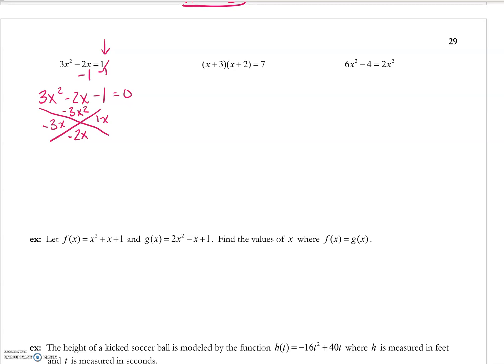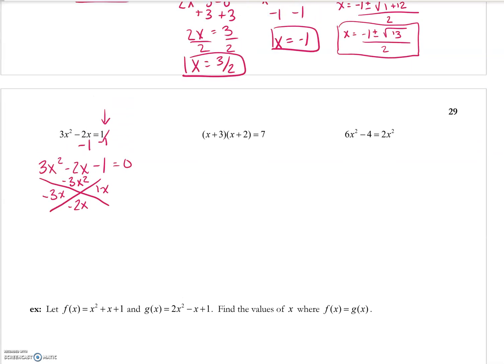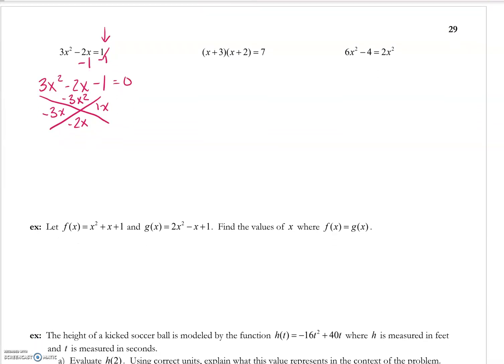This time I'll show my example using the factor by grouping method, because I used the think about it method up above. So with the factor by grouping method, I really just rewrite this quadratic, but instead of my middle term, I put my two new numbers. So 3x squared minus 3x plus 1x minus 1 equals 0.